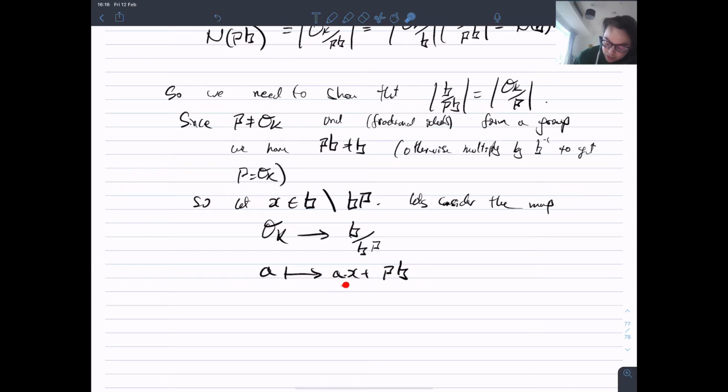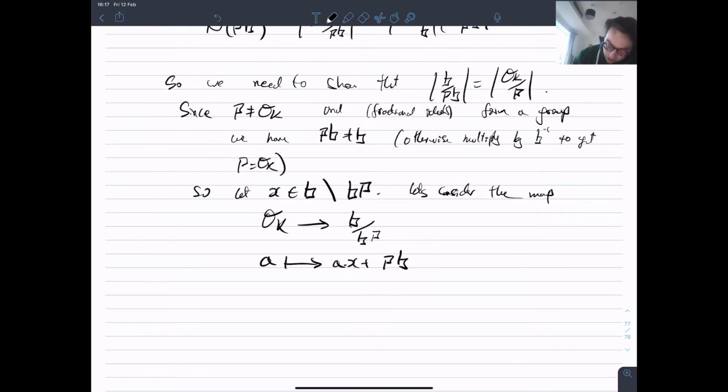So a times x is in B, and I'm just composing this with the quotient map to B over BP. So I'm just considering the cosets.